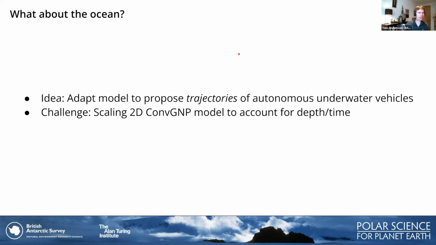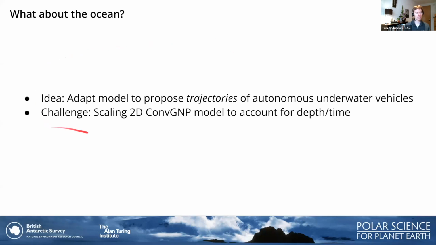So you might be wondering, this is all atmospheric data. What about the ocean? So one idea that we posit in the discussion section of our paper is that you could adapt our model to, instead of proposing fixed station locations, propose trajectories of autonomous underwater vehicles, which I think is a really interesting avenue going forwards.